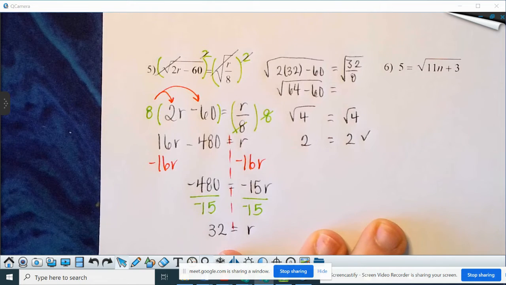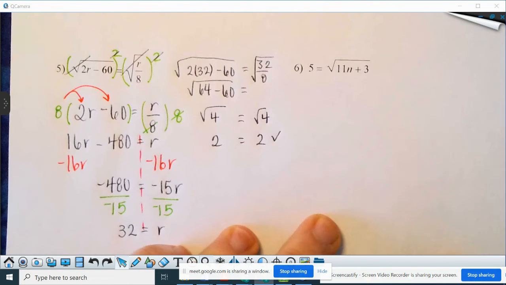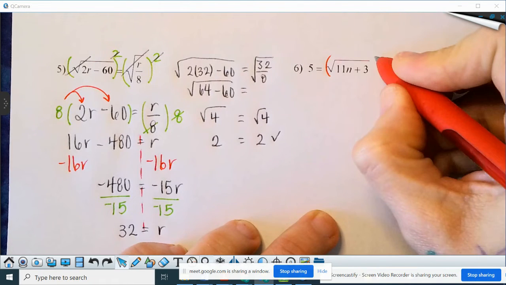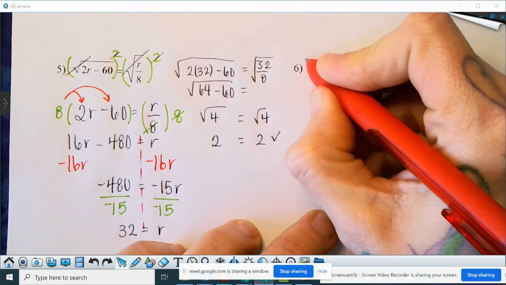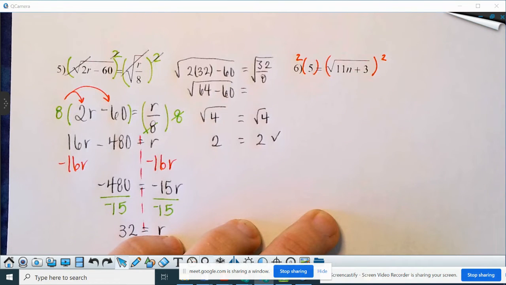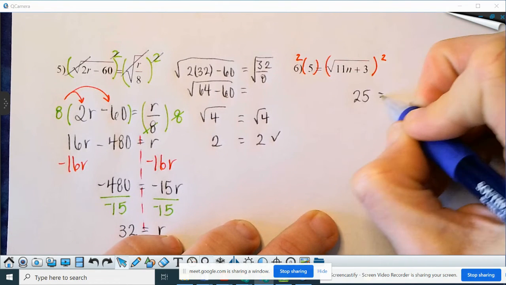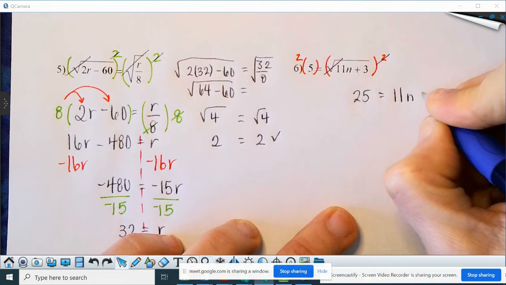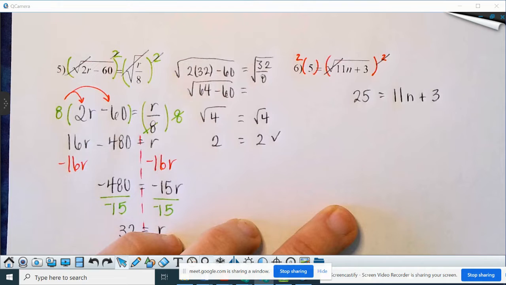Number 6, I hope, looks as simple as the ones above it, just a little different. We need to get rid of our root bar, so we're going to square this side. If we square that side, we have to square this side, which is going to end up giving us 25 equals the root bar, and squaring it is 11n plus 3. It just undoes the actual root itself.